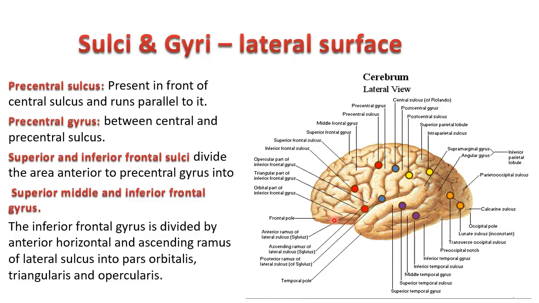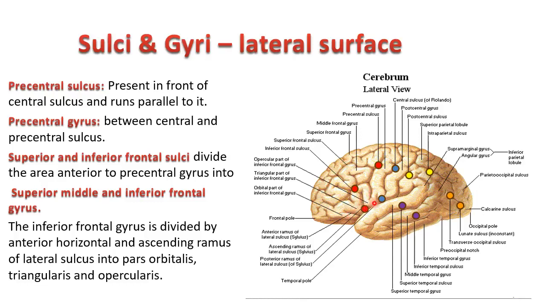The first part is called the pars orbitalis, the next part is called the pars triangularis, and the third part is called the pars opercularis. Pars opercularis is the opercular part, pars triangularis is the triangular part, and pars orbitalis is related to the orbit. This is triangular in nature, that is why it is called pars triangularis.